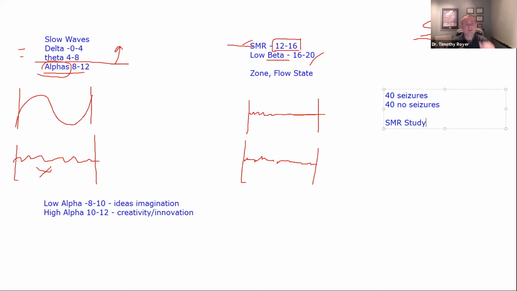And he started to put 2 and 2 together, and what he found out was that the cats that had been in the SMR study, the ones fed every time they made SMR, didn't have seizures.